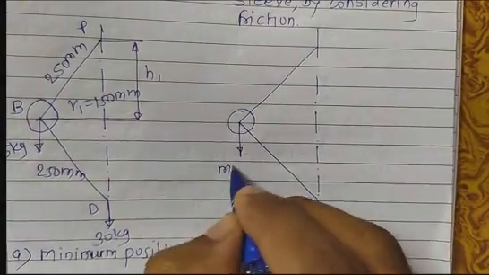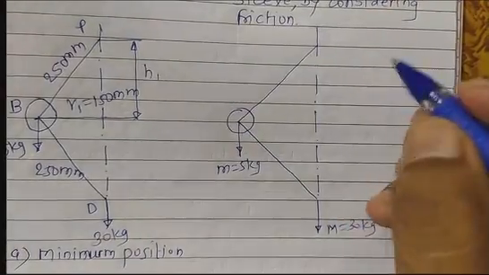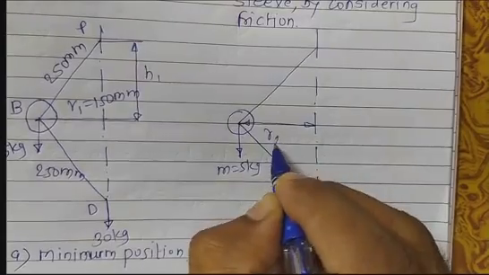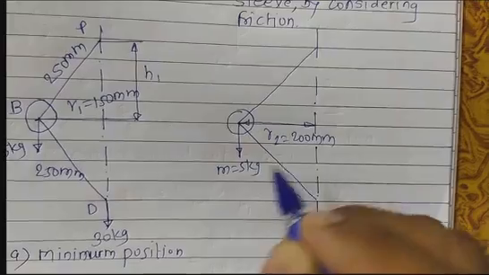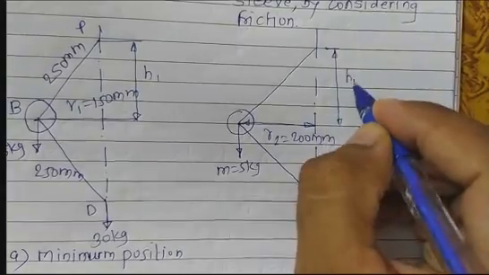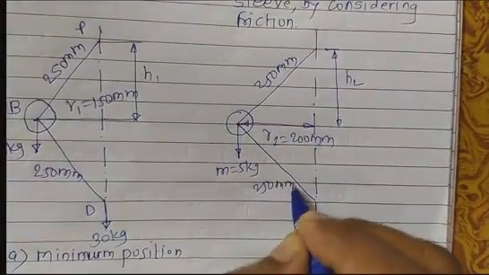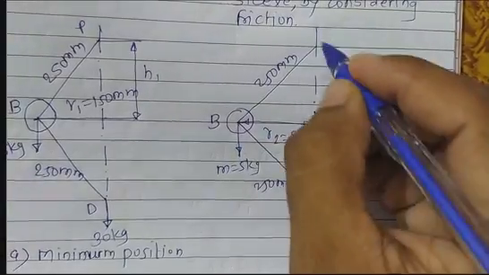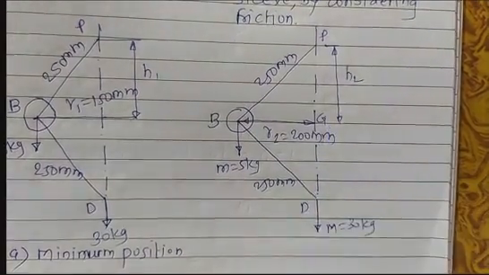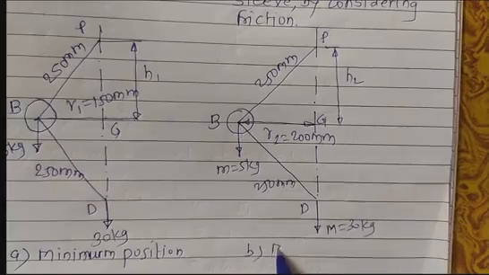So here the small m is 5 kilogram, this one is 30 kilogram, then r2 is 200 mm, then you need to find out this h2 length. For this arm and this arm it is 250 mm. Give the names at various spots. This indicates the maximum position.